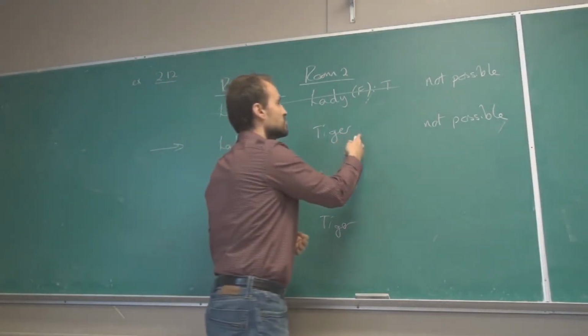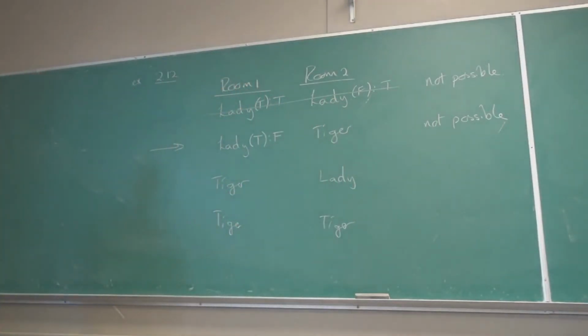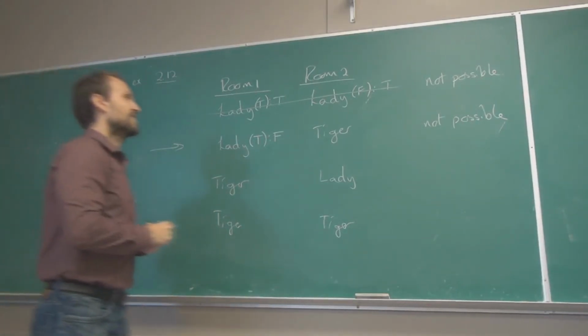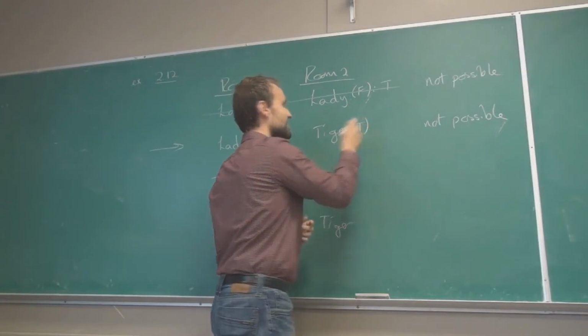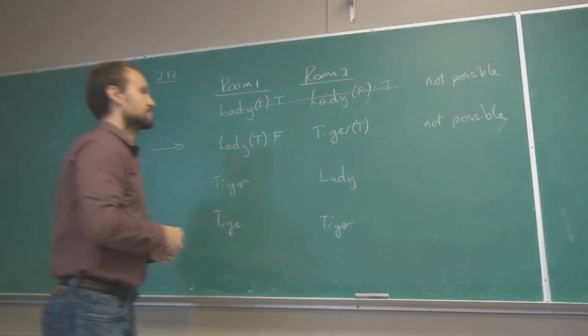You can check it if you want to for practice. If there's a tiger behind room 2, should the sign be true or false? You have to really remember the rules of the game. So you have to read that description portion over and over and over. It's the reverse.